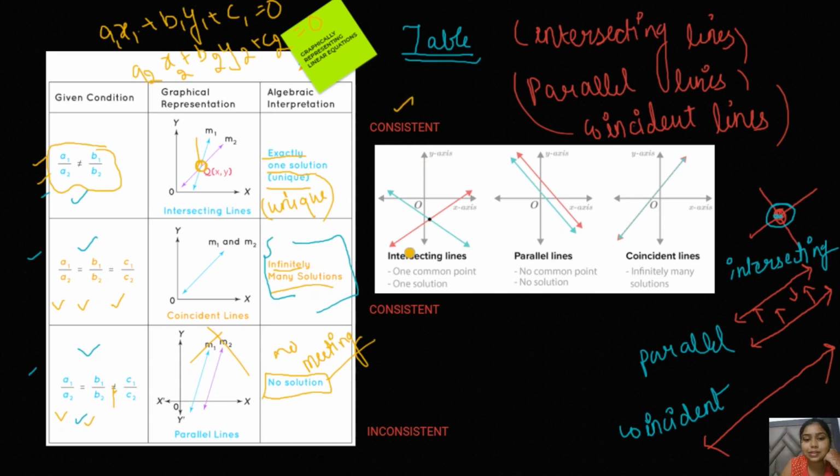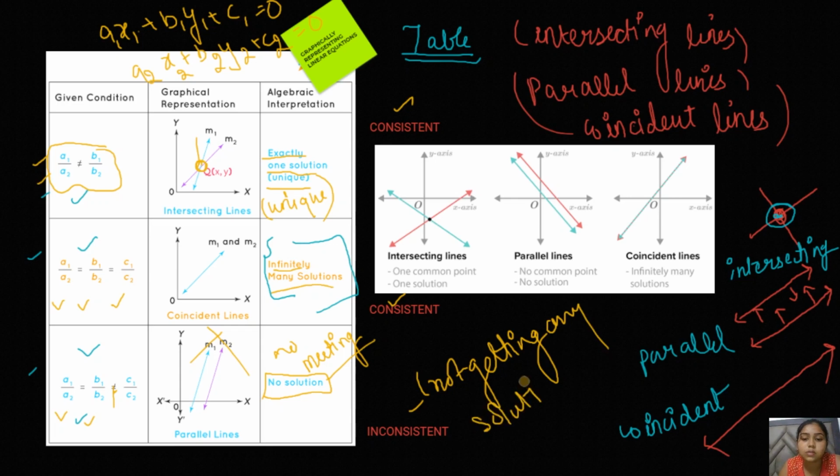So these are the consistency types. In the case of intersecting lines and coincident lines, we call them consistent because we are getting certain solutions there. But in the case of parallel lines, we are not getting any solutions, and that is why we call it inconsistent.